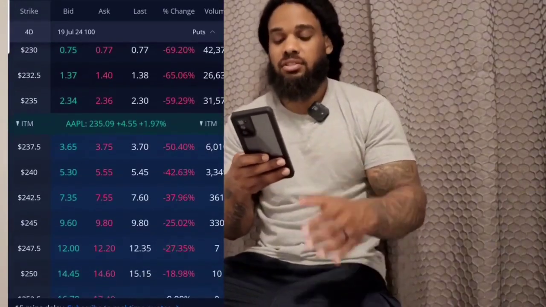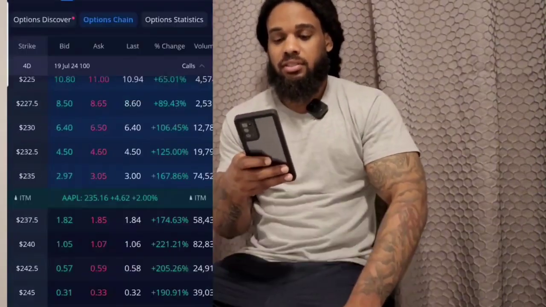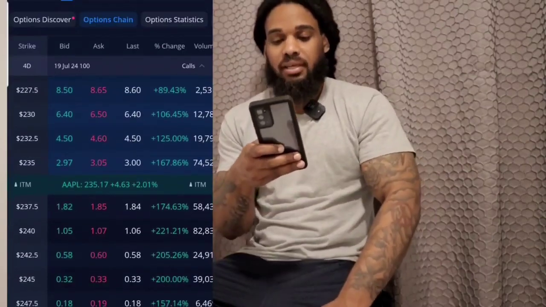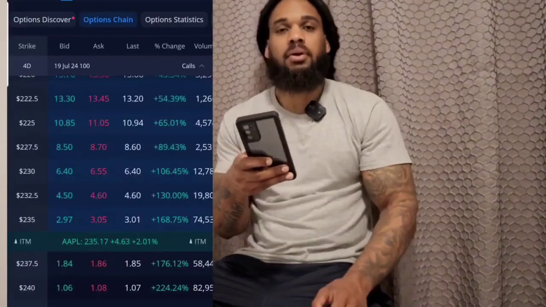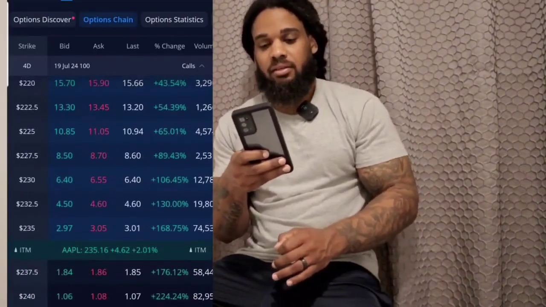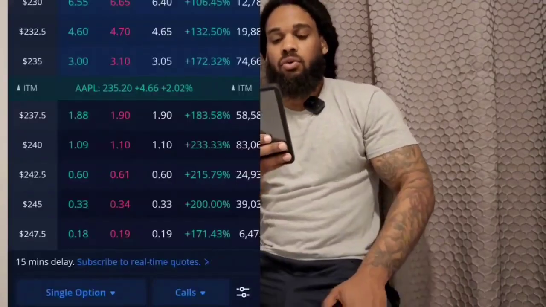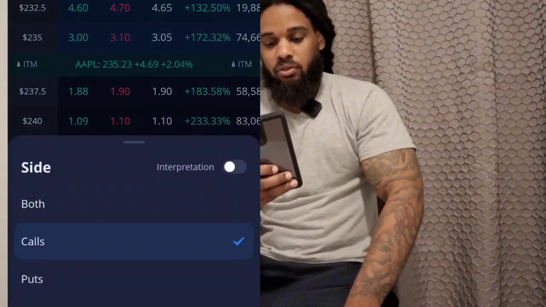If you go to calls, in the money is going to be below the current price, and out of the money is going to be above the current price.